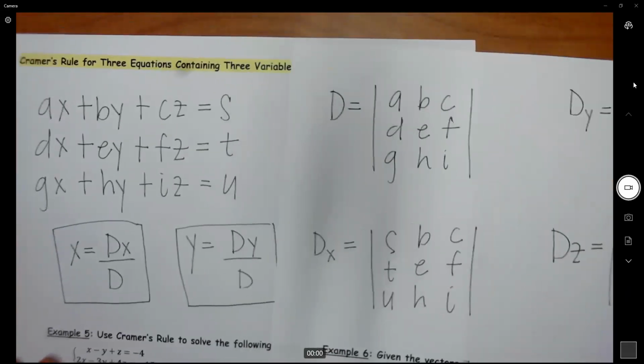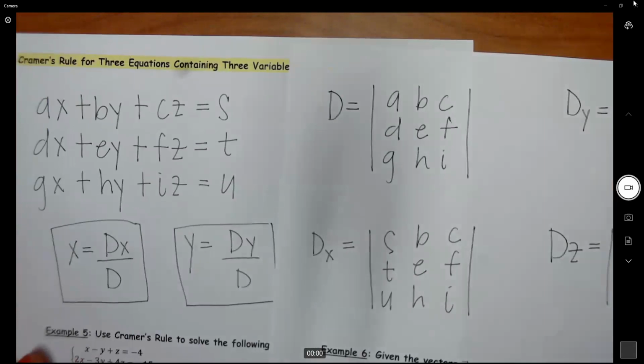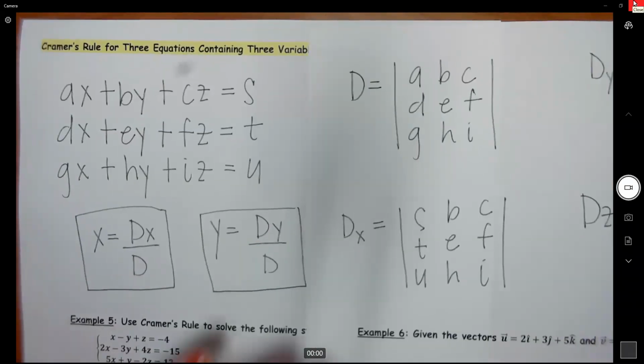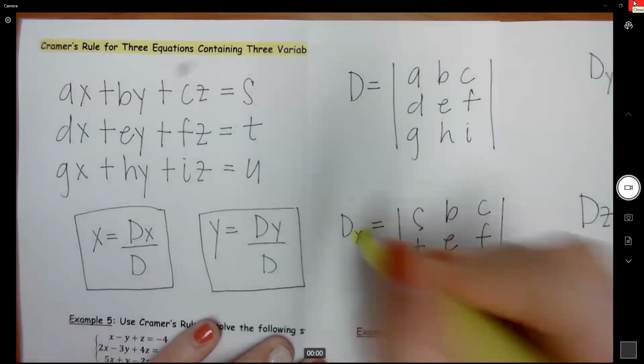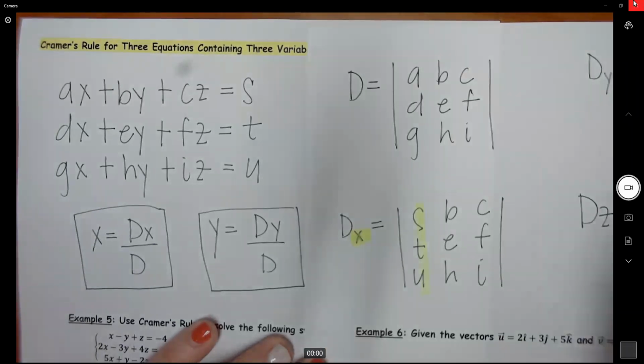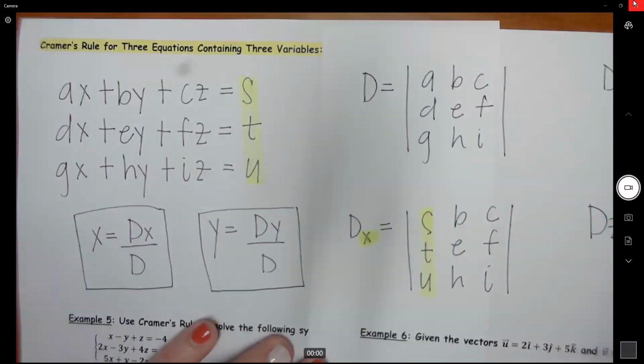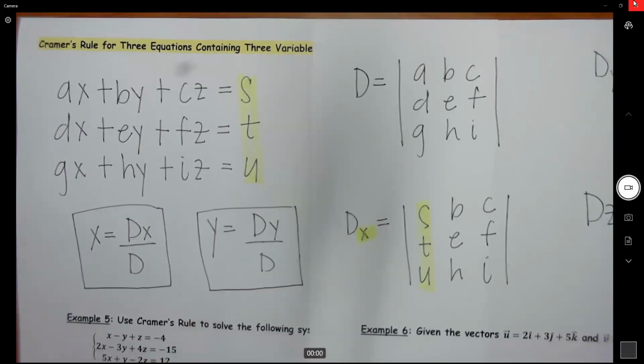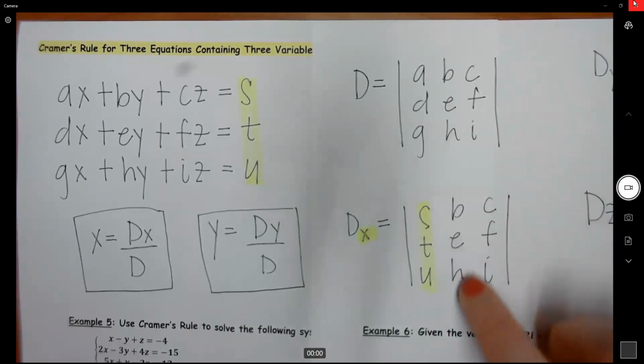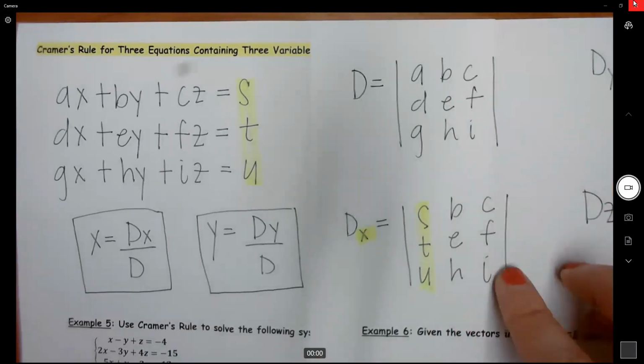So then for d sub x, because this is x, I am taking my x column here and I am replacing it with what this equation equals. So then my y column stays the same and my z column stays the same.